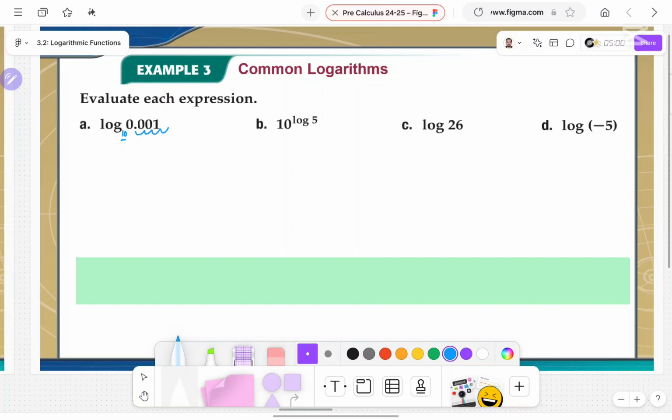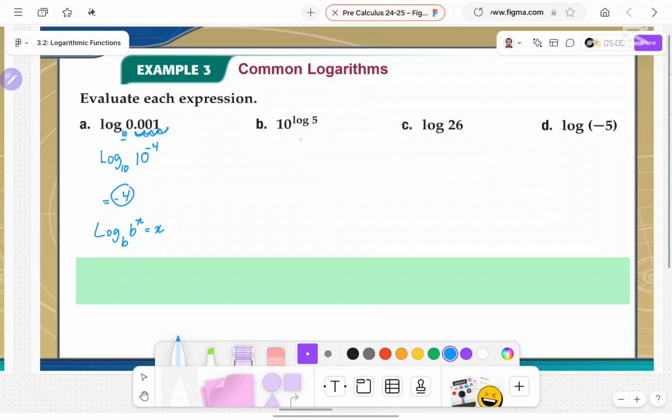So it will be log base 10 of 10 to the power of negative 4, moving the decimal 1, 2, 3, 4 places to the right. So now I have the base same as the number here, so the answer is equal to negative 4, using the rule that we already learned: when I have b to the power of x, the answer is equal to x.